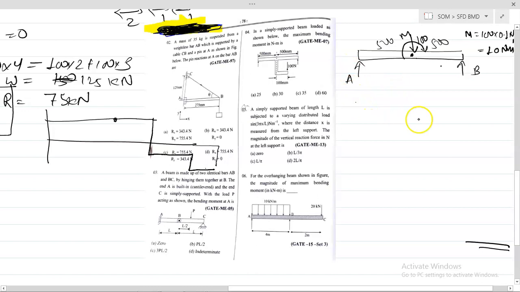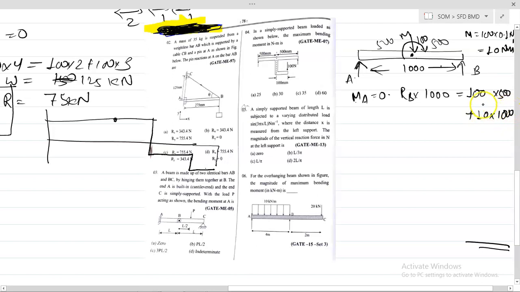Now you can easily draw the bending moment diagram. What are the reactions? Let's take moment at A equal to 0. That is RB into the distance 1000 mm, that is equal to 100 Newton into 500 plus 10 into 1000.